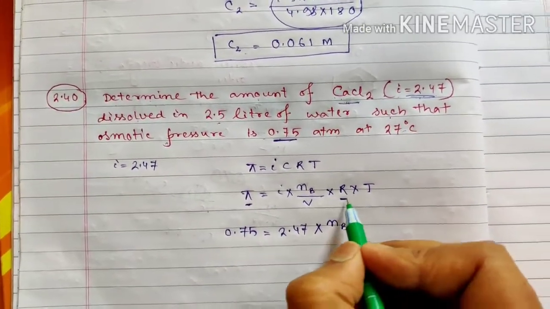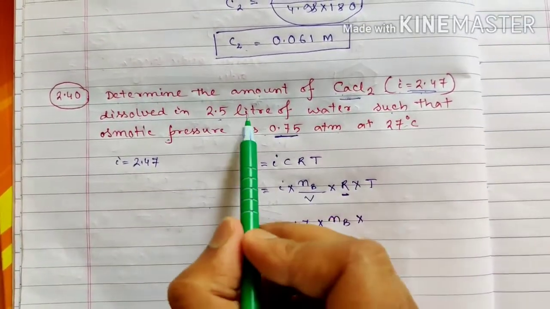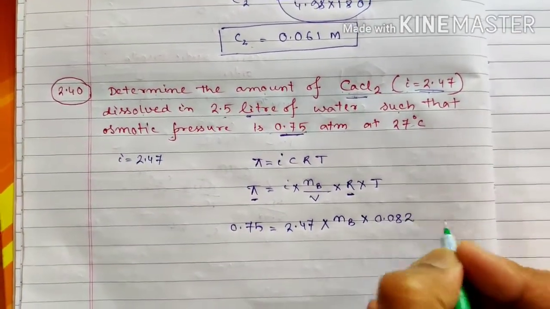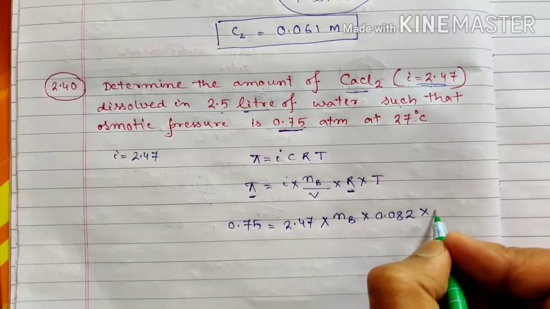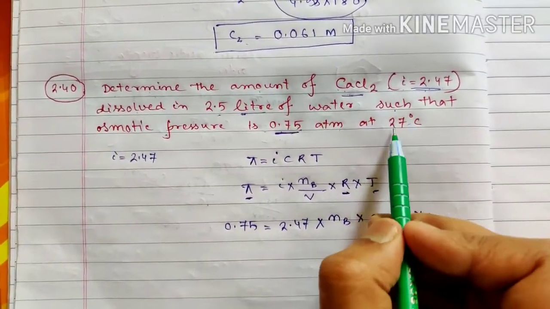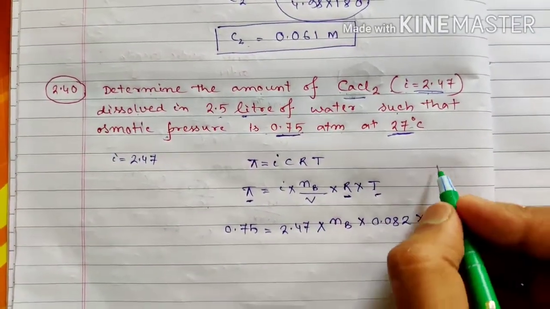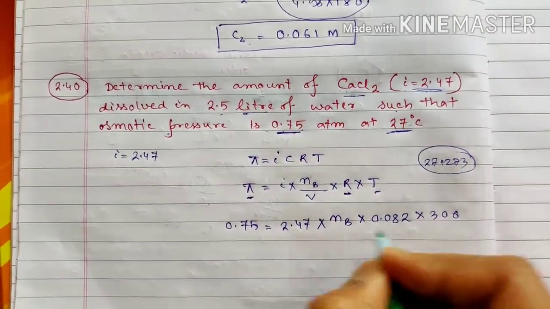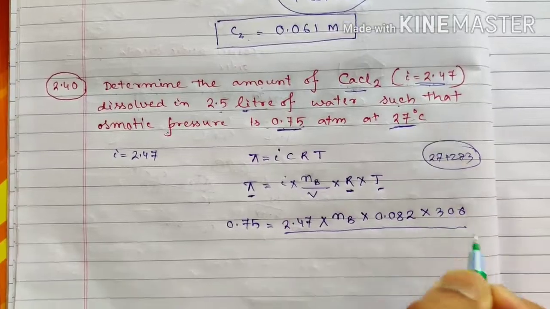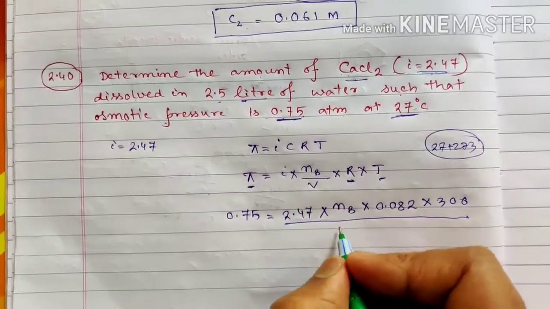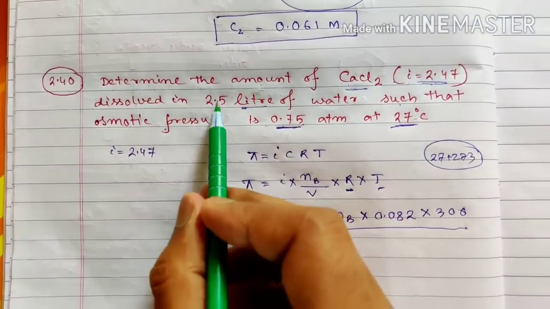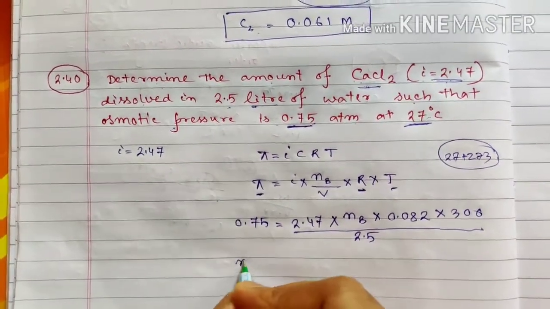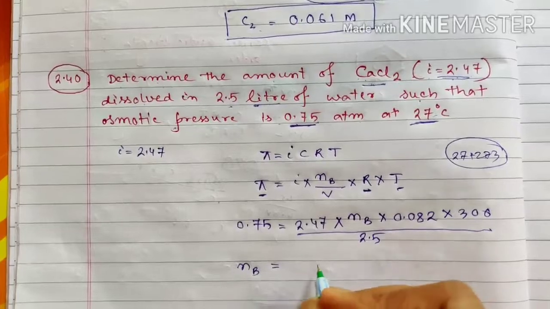R, the molar gas constant, is in liter atmosphere. So we should put 0.082 into T. It is 27 degrees Celsius, so 27 plus 273, it will be 300 Kelvin, divided by V, volume. You can say it is 2.5 liter. So from here, you have to calculate the value of nB.